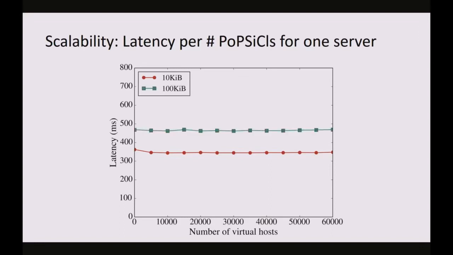Here's a different object size, but the bottom line is the number of virtual hosts really doesn't have a huge impact on your setup cost. So from most of the angles that we've been able to see, this really isn't a scalability problem, even though we are making a lot more state in the network.